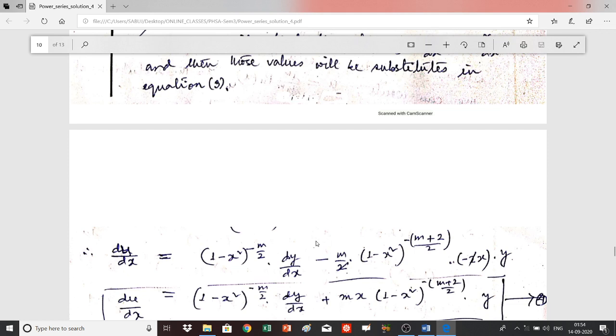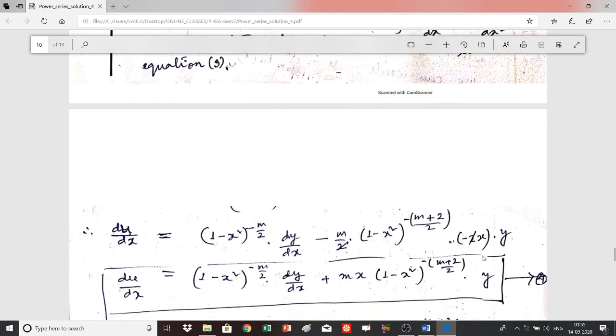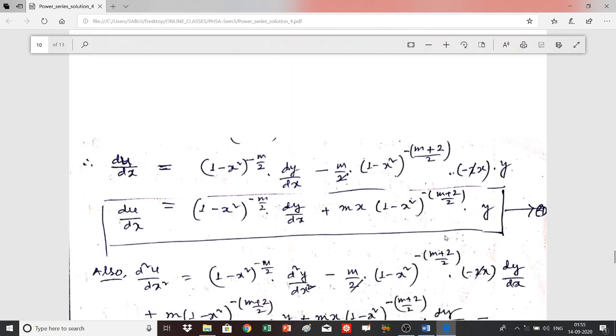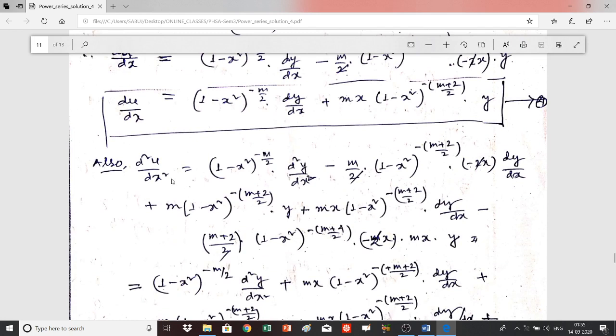Differentiation of this term is equal to minus m by 2 (1 minus x squared) to the power, you can write in this manner, minus (m plus 2) by 2, since m by 2 minus 1 can be written as minus (m plus 2) by 2, and then differentiate the inner term, minus 2x. So you get du by dx equal to (1 minus x squared) to the power minus m by 2 dy by dx plus mx with the plus sign (1 minus x squared) to the power minus (m plus 2) by 2 into y.